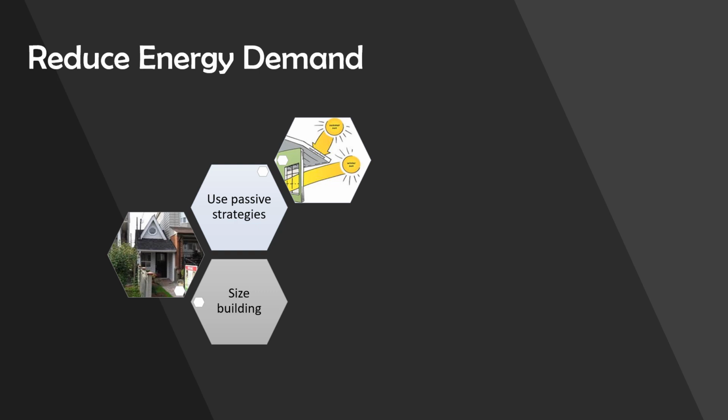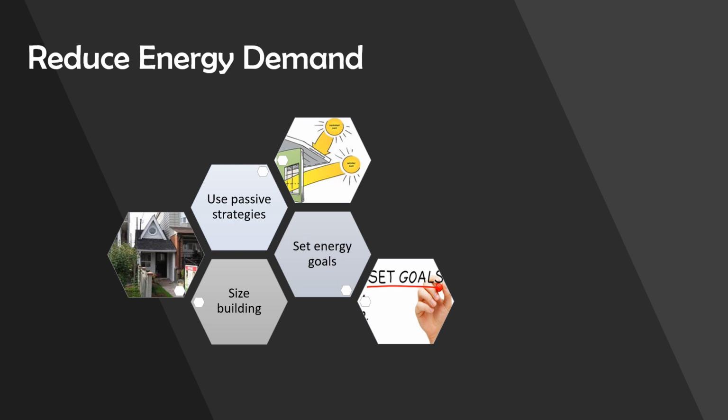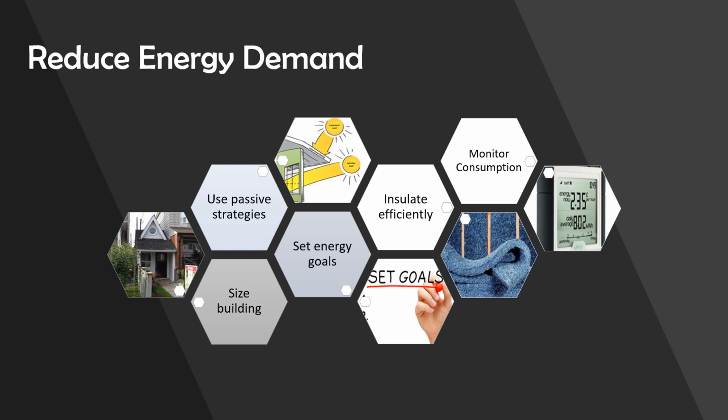Passive strategies can include building orientation, natural ventilation, daylight, shade, solar energy, and thermal masses for heating. You can set energy goals. You can insulate efficiently, and you can monitor consumption by using technology, that is, using building simulation software to understand consumption.